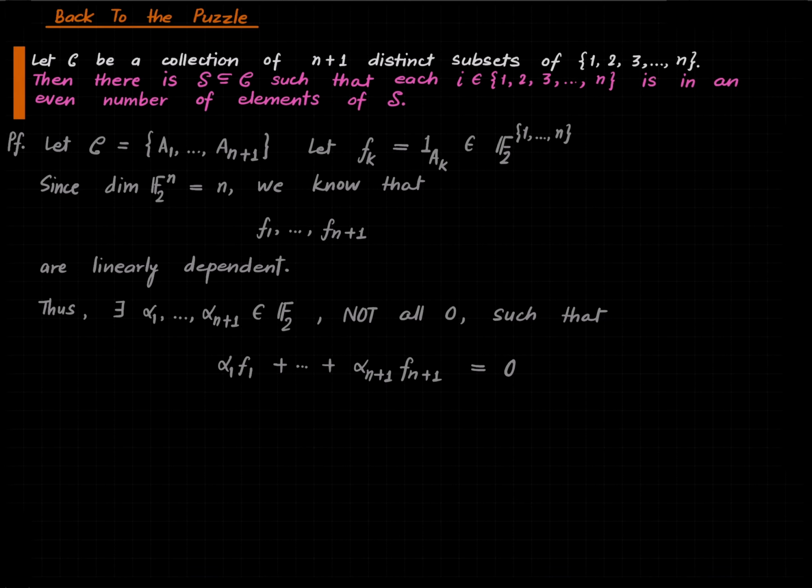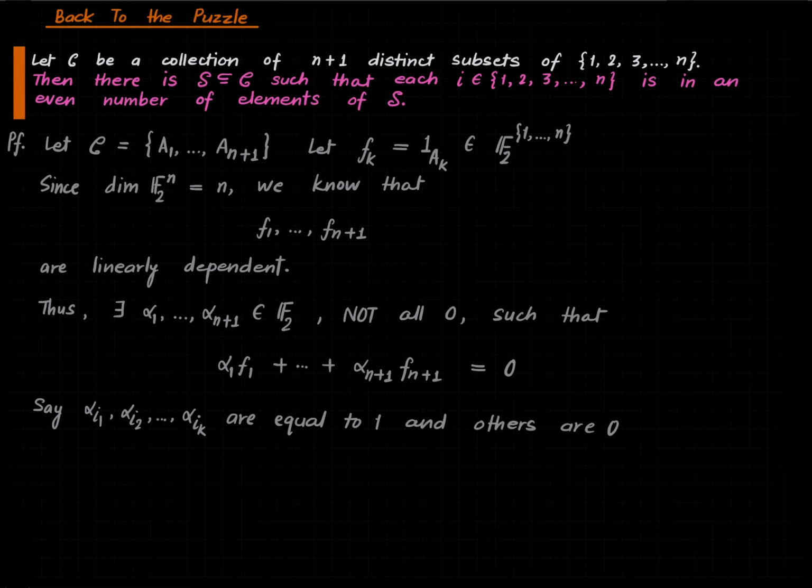So let's say alpha i1, alpha i2, up to alpha ik are non-zero. Non-zero means equal to 1 because F2 has only 2 elements, so these are equal to 1, and others are 0.